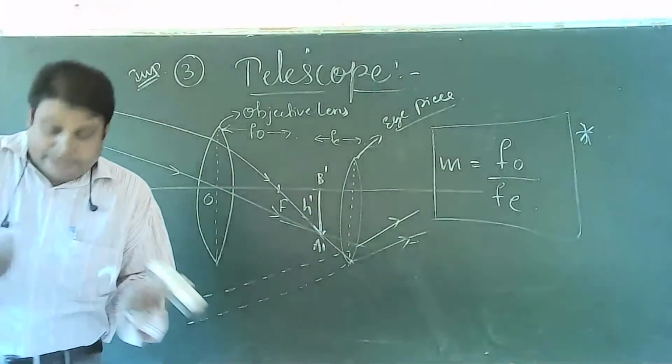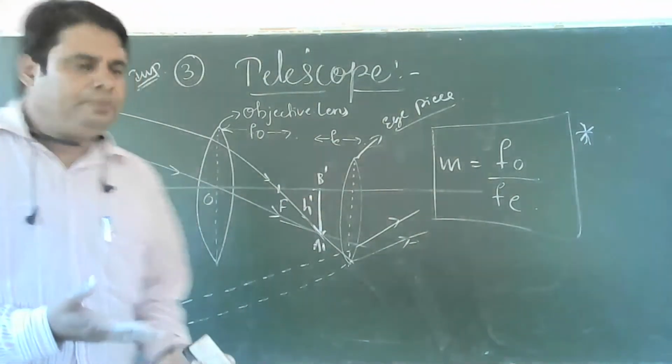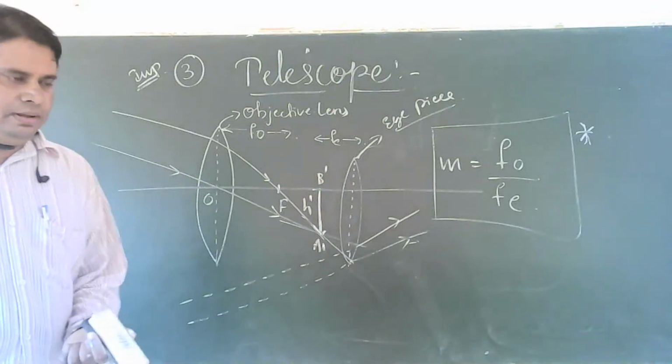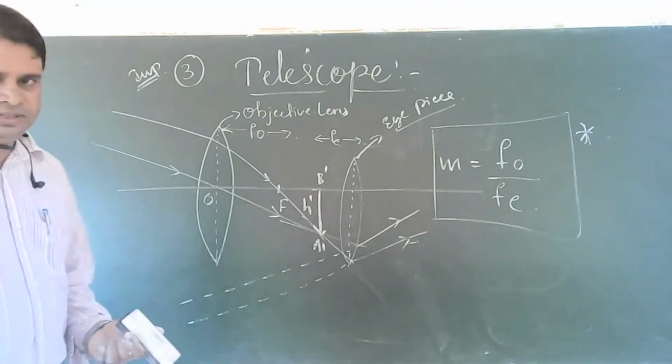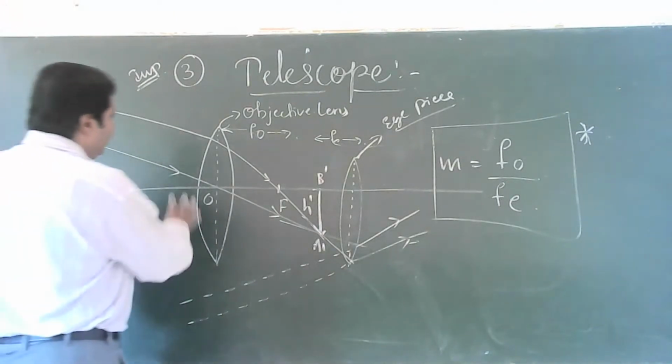Directly note down. Magnification here is a ratio of the focal length of objective to the focal length of eyepiece. Okay?